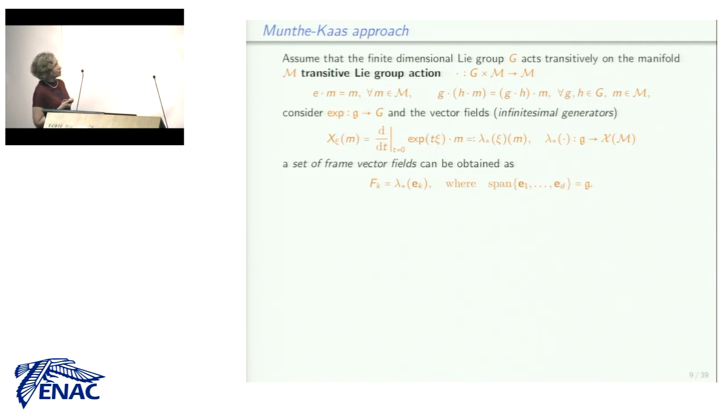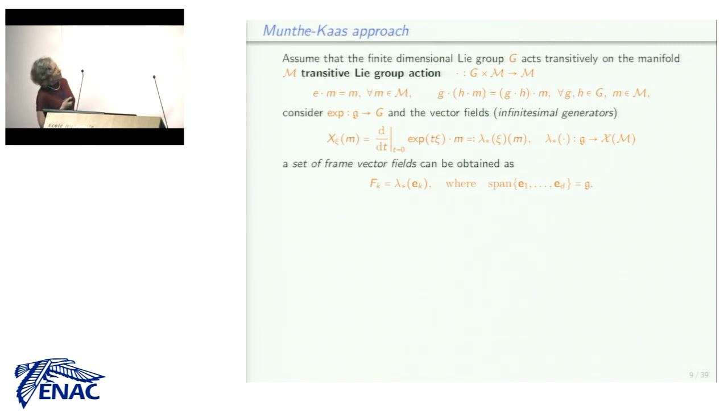But you have to do it together with the Lie group exponential. So you're composing the Lie group action with the Lie group exponential, which is a map from the Lie algebra to the Lie group. And then you are differentiating appropriately the composition of these two maps so that you get these infinitesimal generators of the Lie group action, and you get this map lambda star.